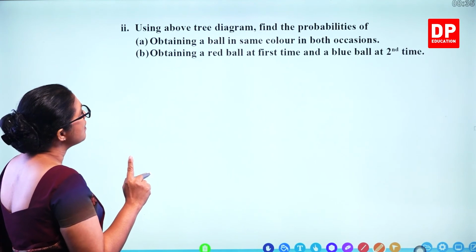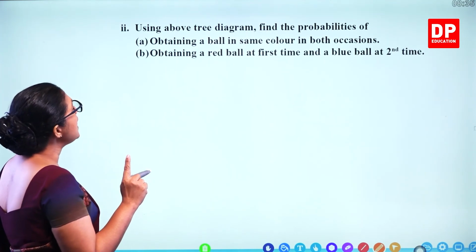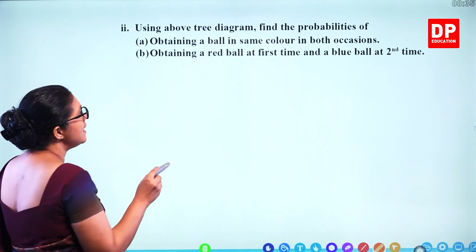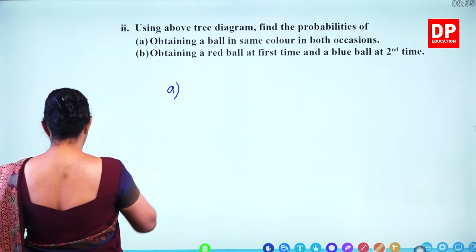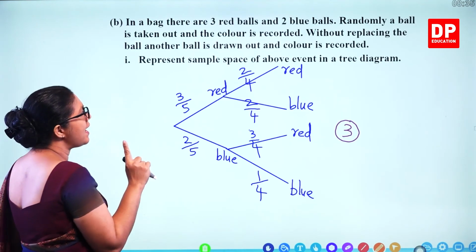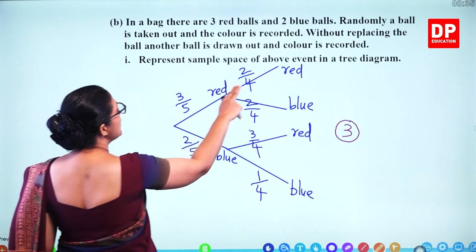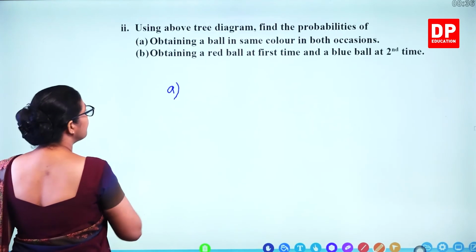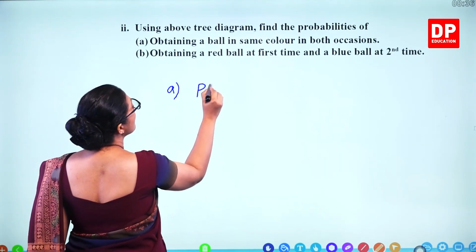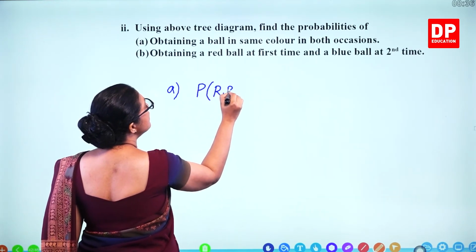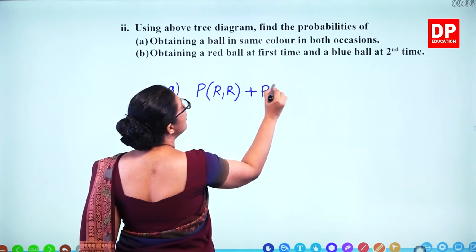Using above tree diagram, find the probabilities of obtaining a ball in same color in both occasions. So same color means red and red or blue and blue. So 3/5 with 2/4, red red or blue blue.